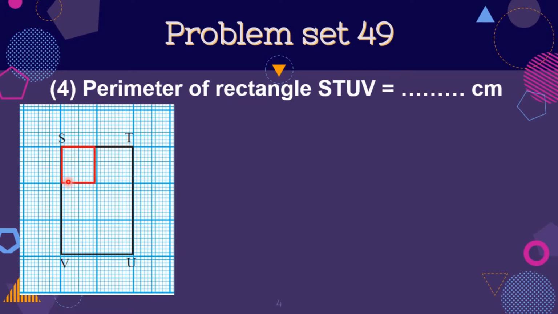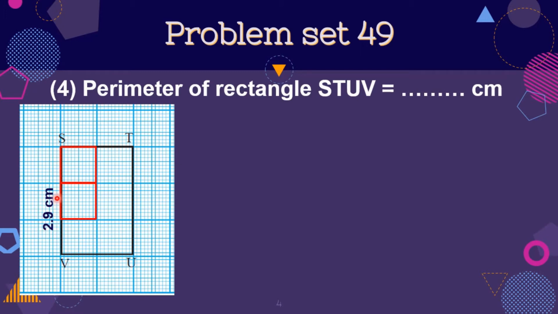As we know, one square on the graph sheet is of 1 centimeter. There are two squares along the length of this rectangle and after that there are 9 lines. So we say the length of this rectangle is 2.9 centimeter.